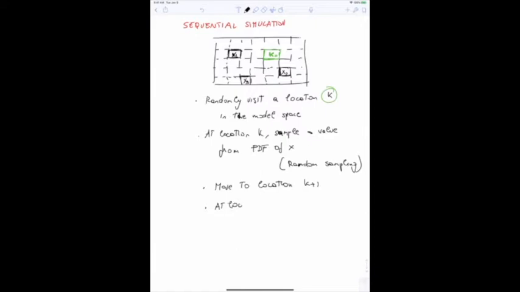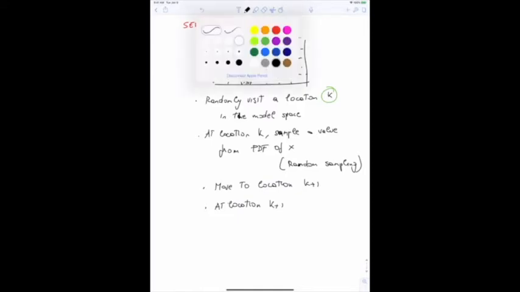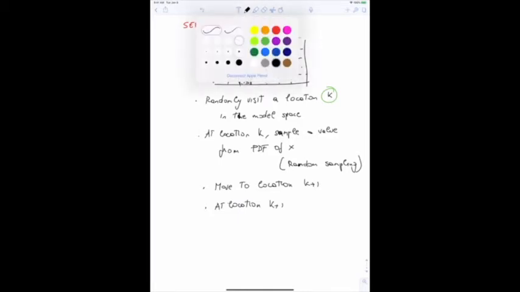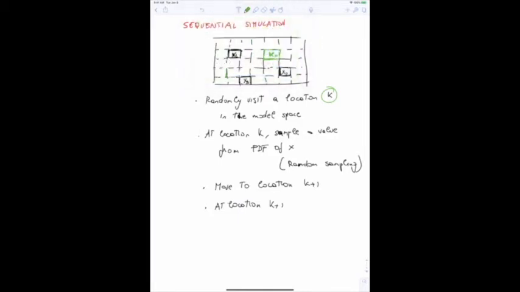So at location K plus 1, which is selected randomly as well, we might go here, for example. So we might go here, and this would be K equal 2. So we go from here to here, and then we might go from here to here, and so on and so forth.